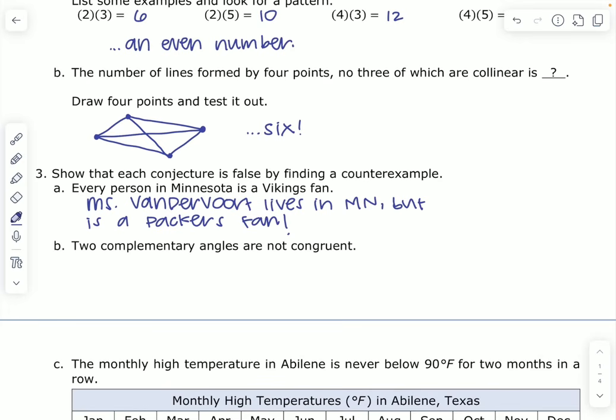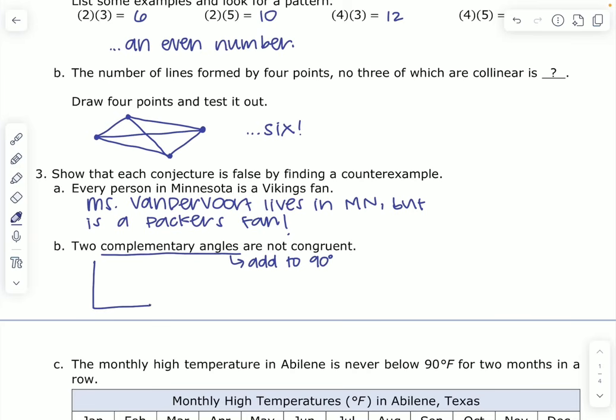All right, B says 2 complementary angles are not congruent. So remember, complementary angles are angles that add to 90. To provide a counterexample here, we need to think of 2 angles that do add to 90 degrees, but that are also congruent. We said above that a counterexample could be a drawing, so let's practice that here.